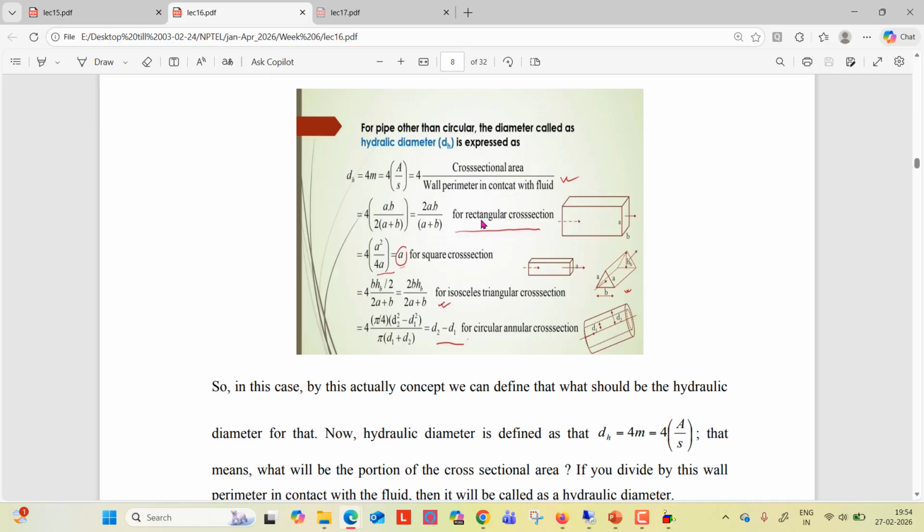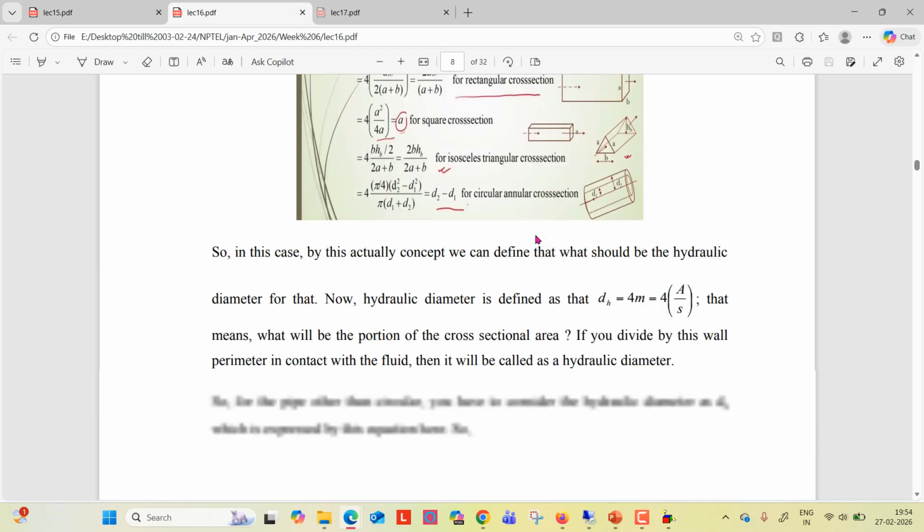You can see for a rectangular cross section, 4 into AB is the cross-sectional area and the wetted perimeter is 2 into (A plus B). So this is 2AB by (A plus B) for a rectangular cross section, right? This is for a square cross section, this is for an isosceles triangular cross section, this is for a circular annular cross section.